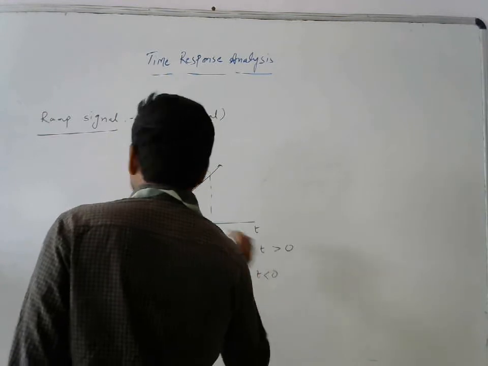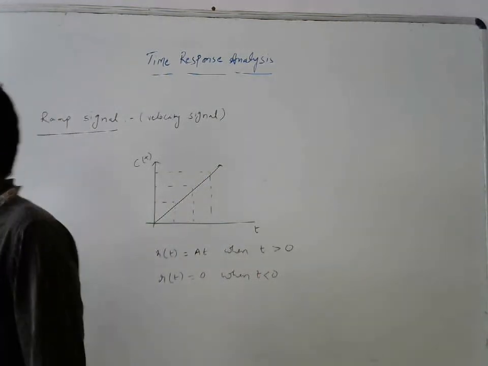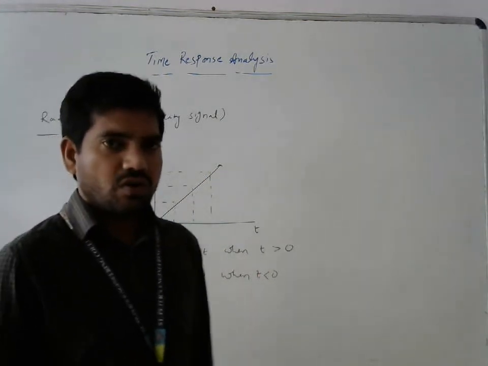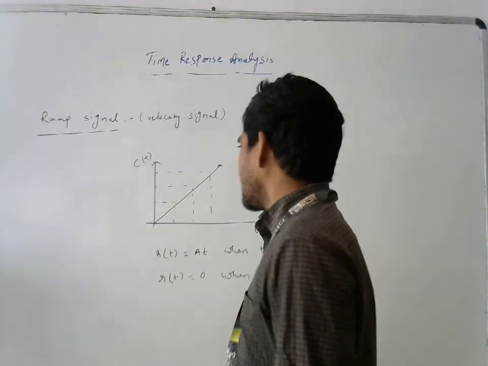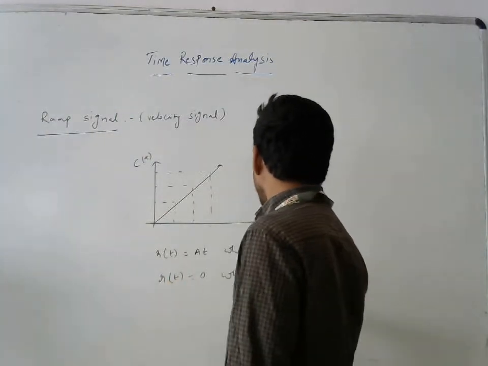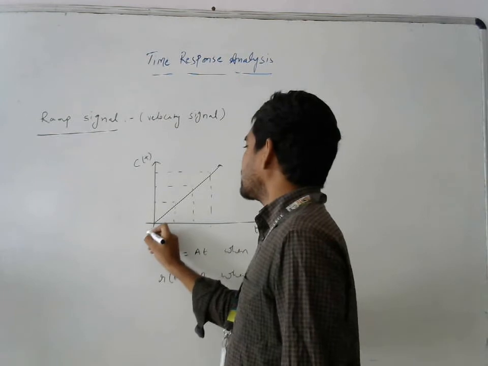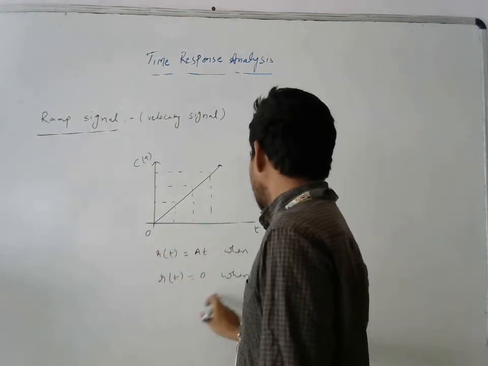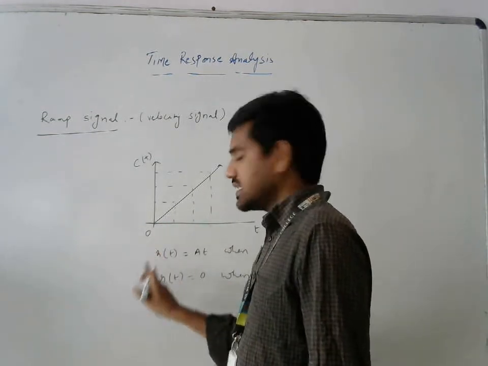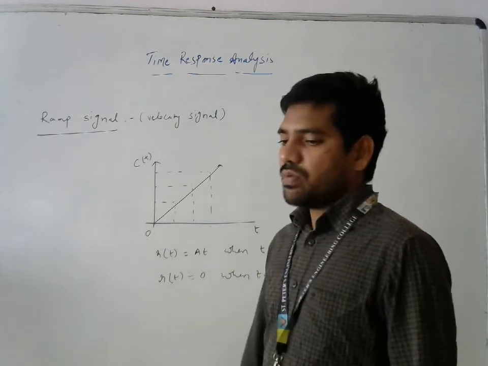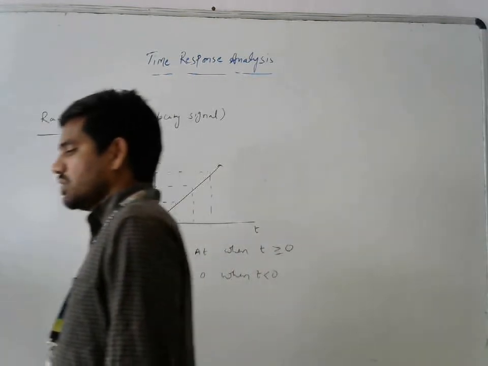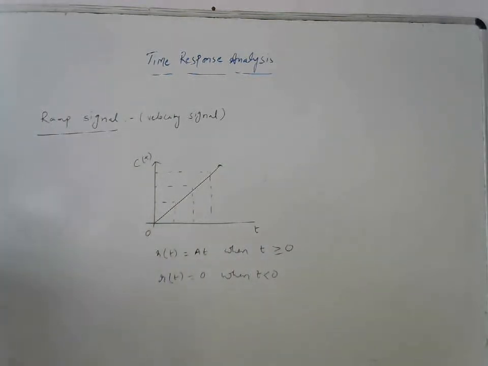Why? Because when t is less than 0, there is no input response. When t is greater than or equal to 0, at 0 also it will be starting. In the remaining conditions, when t is less than 0, r of t will be equal to 0.